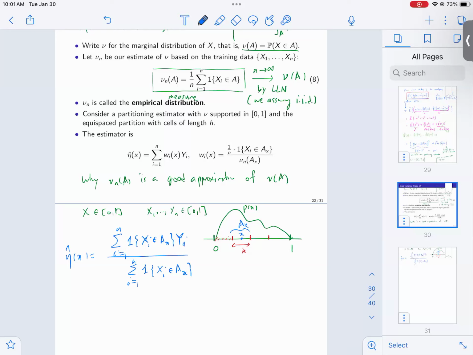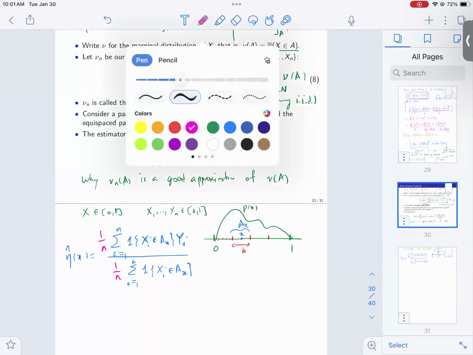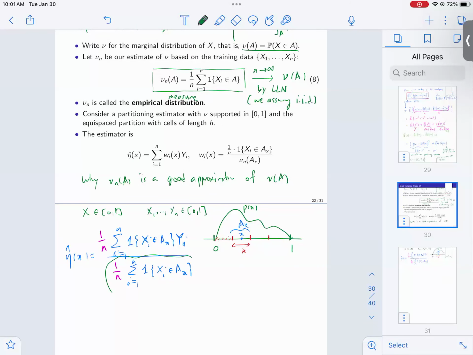If you look at this, you recognize that I can divide both the numerator and denominator by 1 over n, and you recognize that the denominator is nu_n of A of x. This is the empirical measure, or empirical distribution, of A of x.